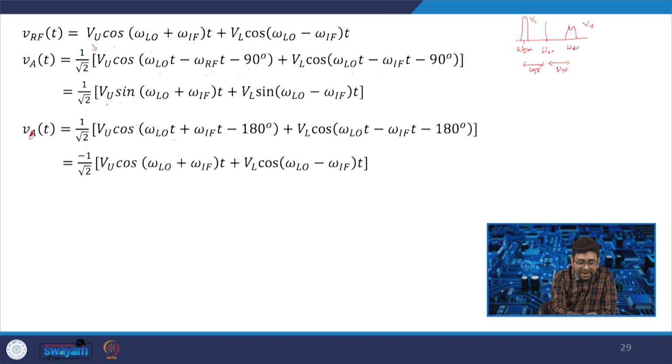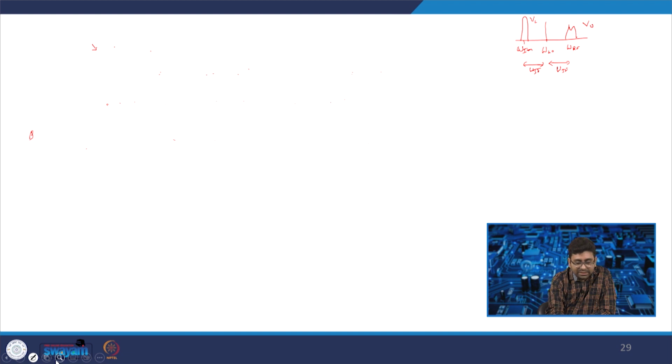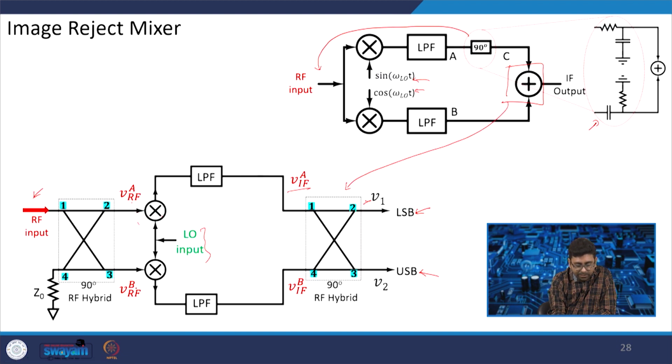So, when we consider the voltage at port B, that is V_IFB, what will happen here is that this is matched. When you see the output at port 3, it is a combination of this RF and this LO multiplied, that is cos omega LO t.